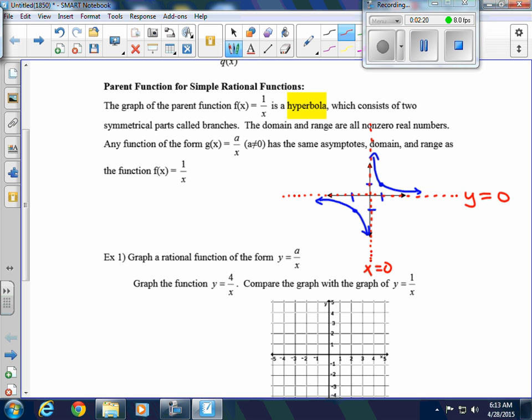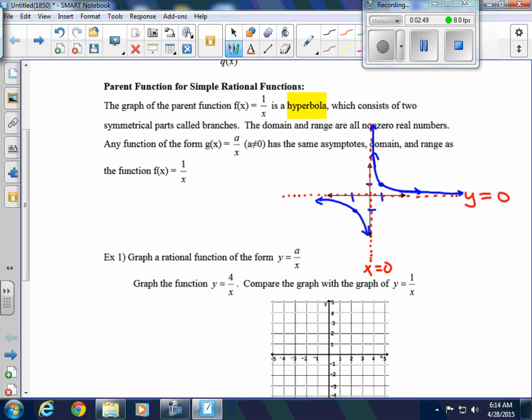On both parts of the graph, it will go infinitely closer and closer to this line, but it will never touch it. It will get closer and closer to 0, and never touch it. The same thing is true on this side. It gets bigger and bigger and closer to x equals 0, but never touches it. The other branch is symmetrical, and it will be the same thing.